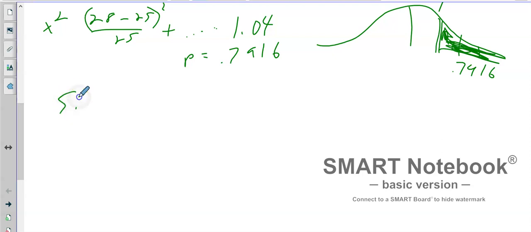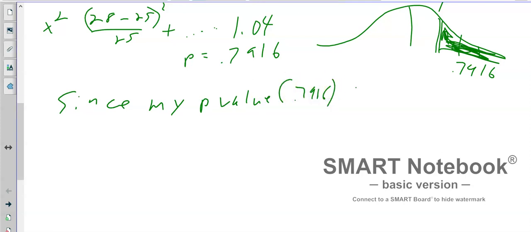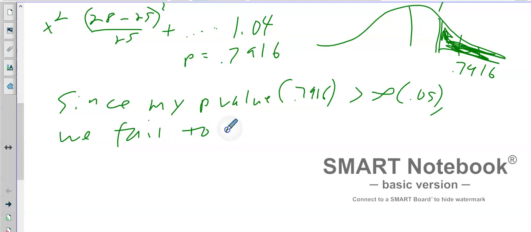And let me say, since my p-value, which happens to be 0.7916, is greater than my alpha, not infinity, just alpha, which is 0.05, we fail to reject the Ho, or the null hypothesis.